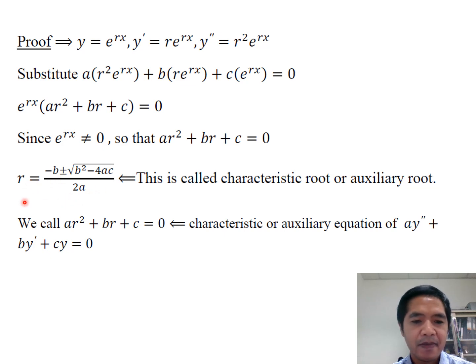So the answer for r is going to be in this form. We call a r squared plus br plus c the characteristic or auxiliary equation of a y double prime plus b y prime plus c y equal to 0. So then how are we going to solve it? Let's take a look.